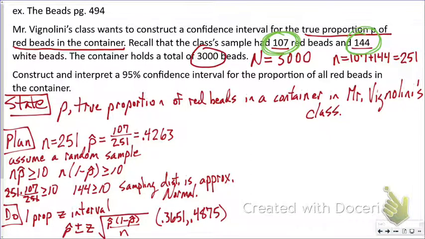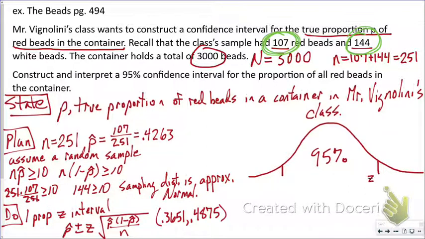And if you're confused right now on the z-score that we're using and the confidence interval, think of the bell curve. What we're doing is looking at the middle 95%. And that precise z-score is 1.96, negative 1.96. If you ever want to get the critical value outright, you go to inverse norm.